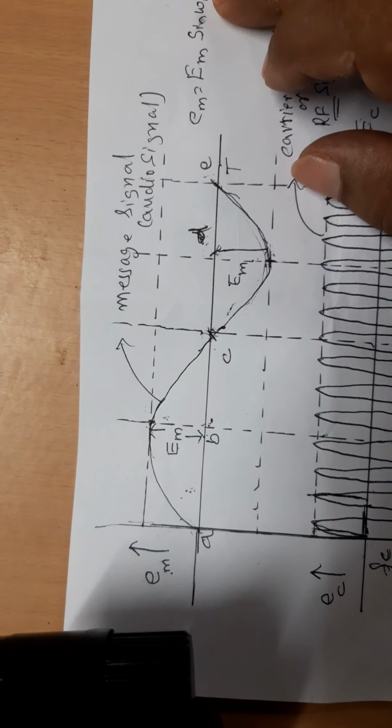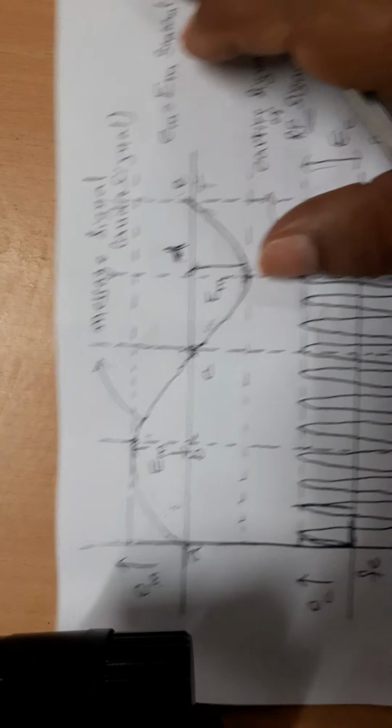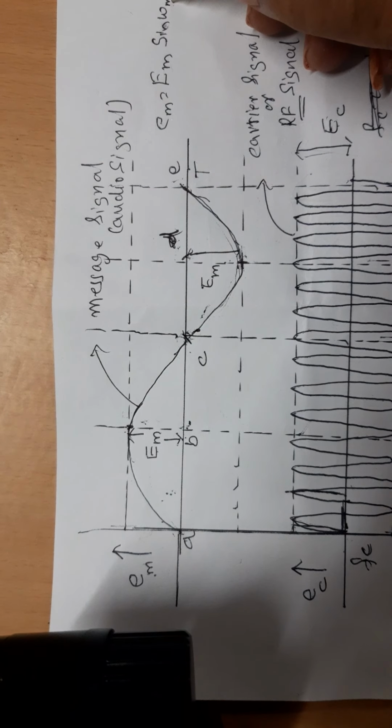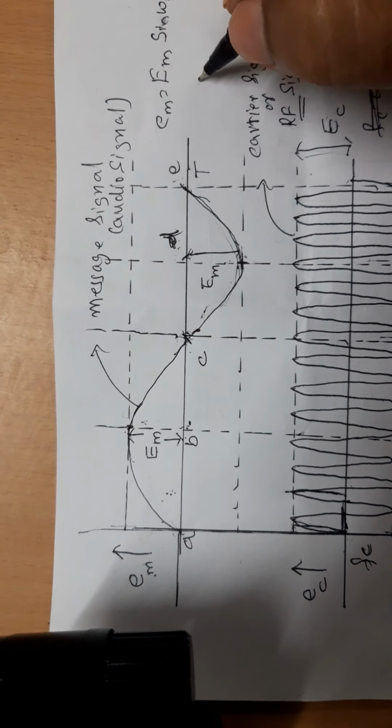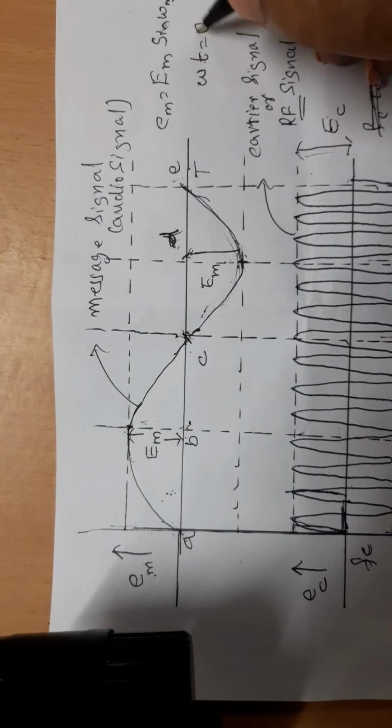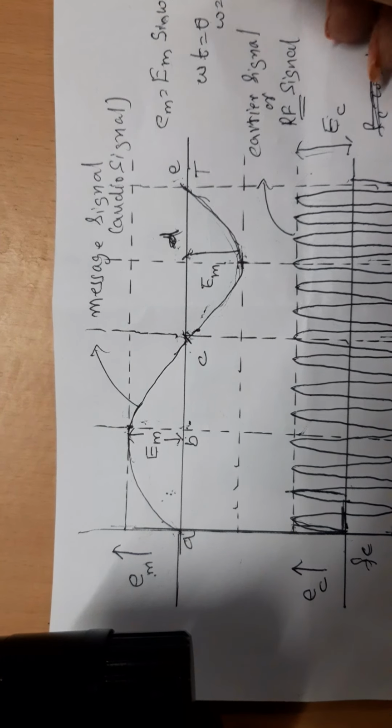Here omega m is the angular frequency, and you know the relation between angular frequency and angle theta is omega into t equals theta, or omega is equal to theta by t.